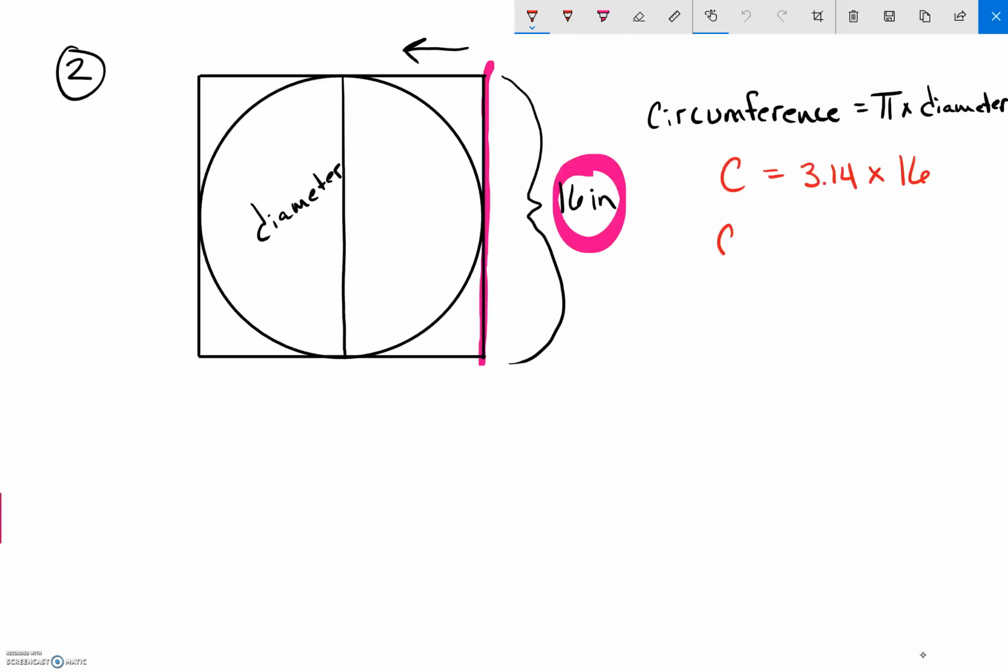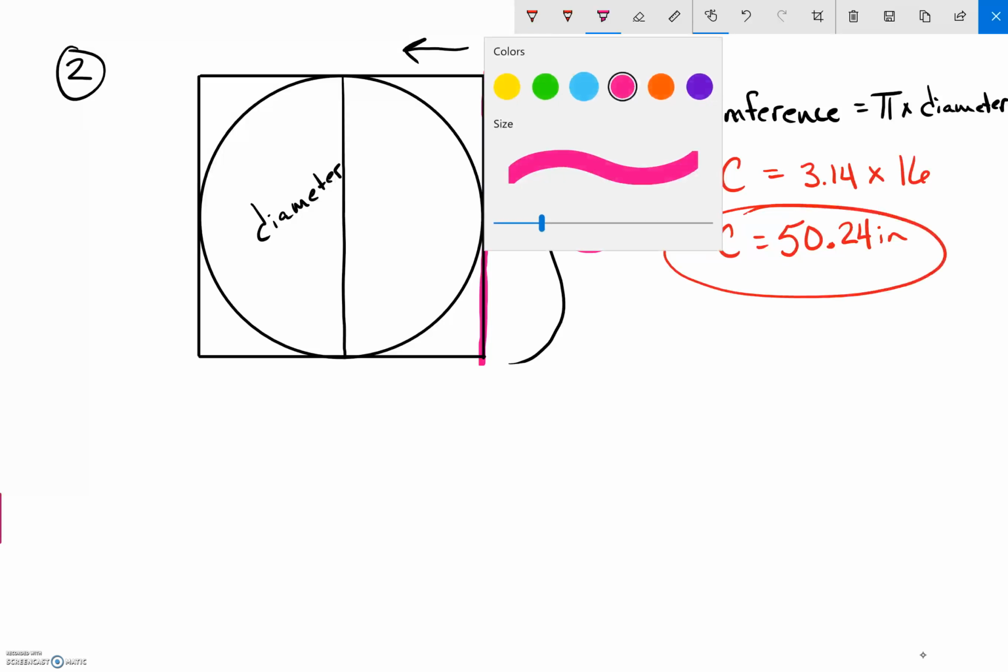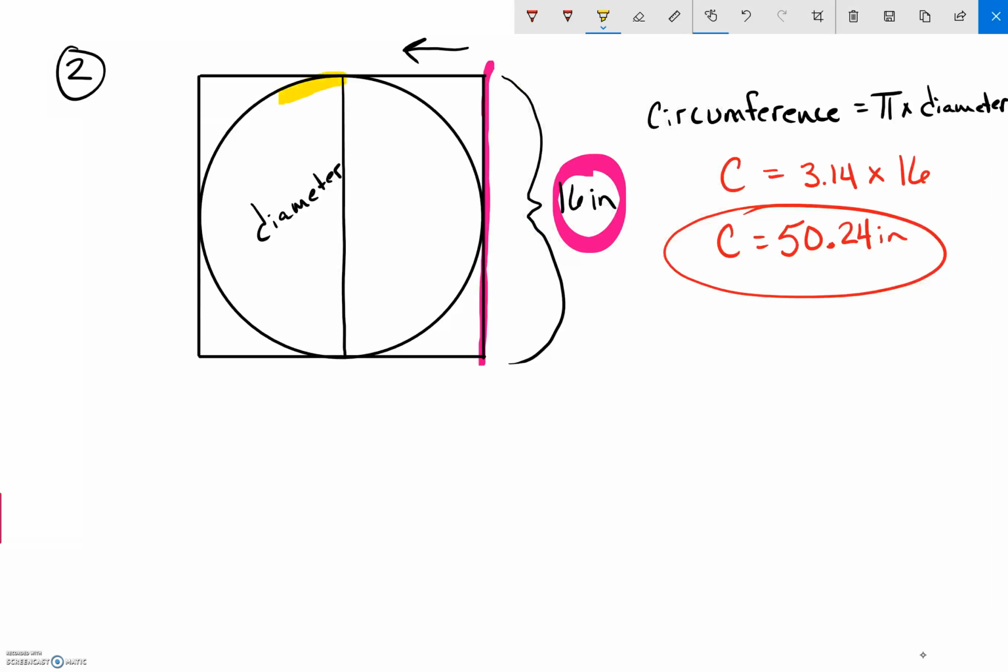And we're going to get the circumference equals 50.24 inches. So it's about 50 inches around that circle. If we were to take a tape measure and measure the distance all the way around the circle, it would be slightly over 50 inches.